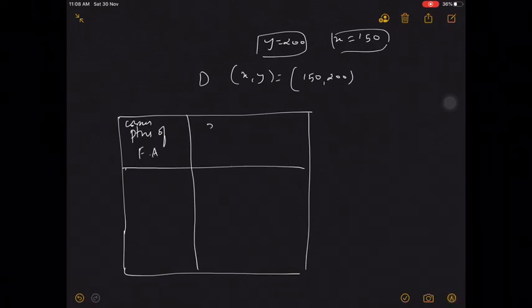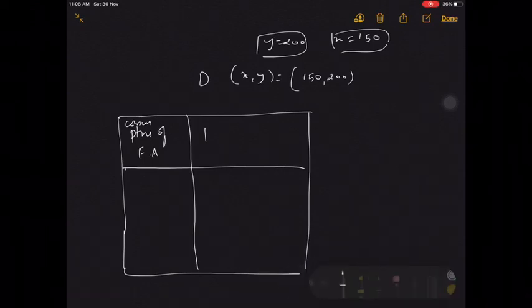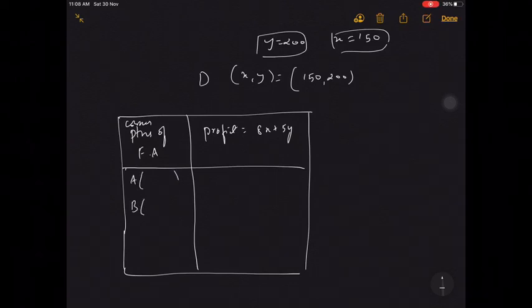So z is equal to what is the profit function that we got? Profit is equal to 8x plus 5y. Now what are the points?